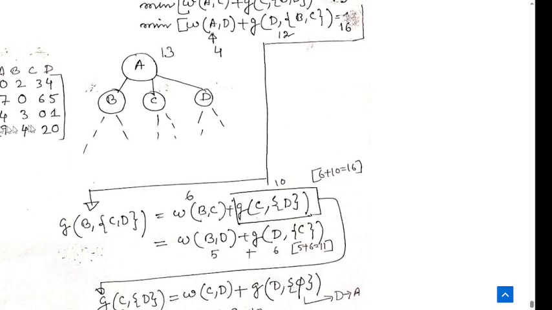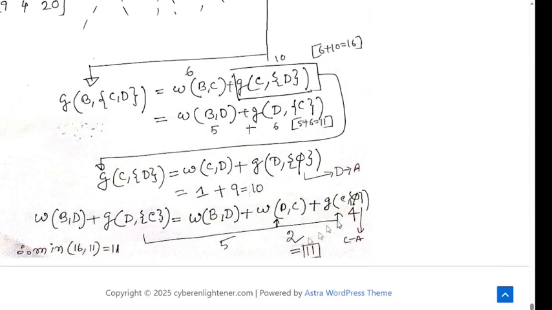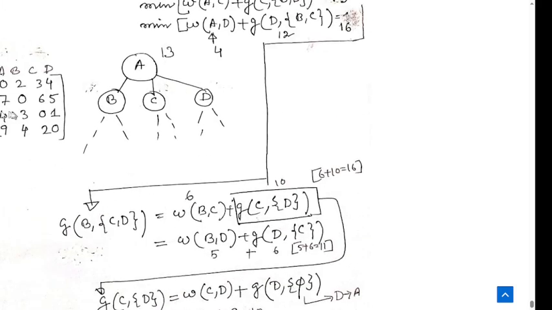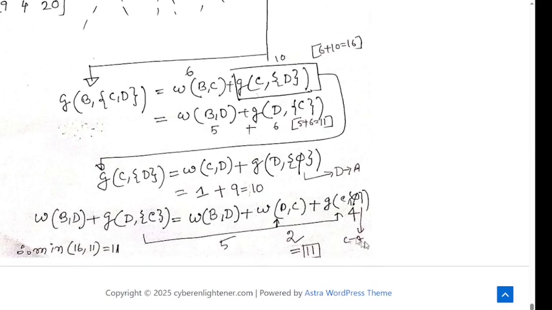W(D, C) is 2. And G(C, A), again visiting the starting vertex, from C to A, is 4. So the total is 5 plus 2 plus 4, which is 11.